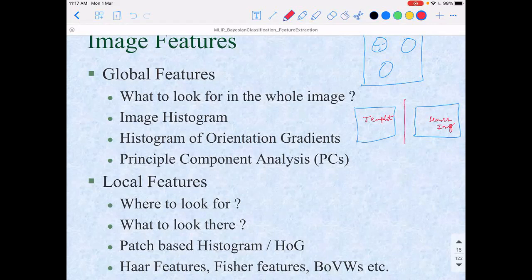The search image may be a little bigger, so I will match across the whole region, moving this template at different regions. Wherever the correlation is high, I say that here is the cat. That is referred to as global features because I am trying to find one set of features for the whole image.